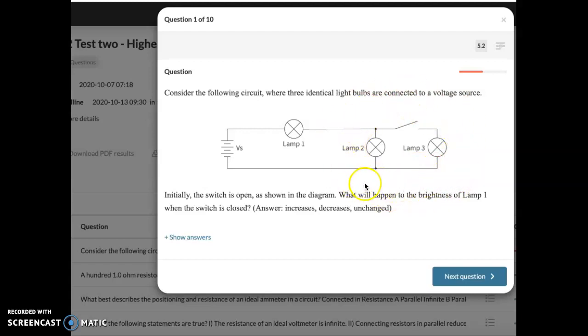Now, if we look at the relationship voltage equals current times resistance, voltage is proportional to resistance. So, by reducing this overall resistance, you are reducing the voltage across it, which reduces the energy per unit charge across it. And so, therefore, the brightness will decrease along here.